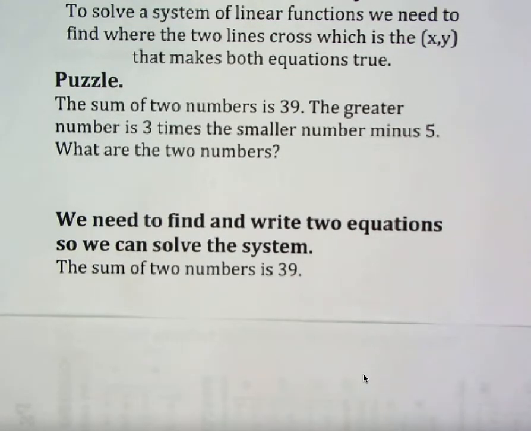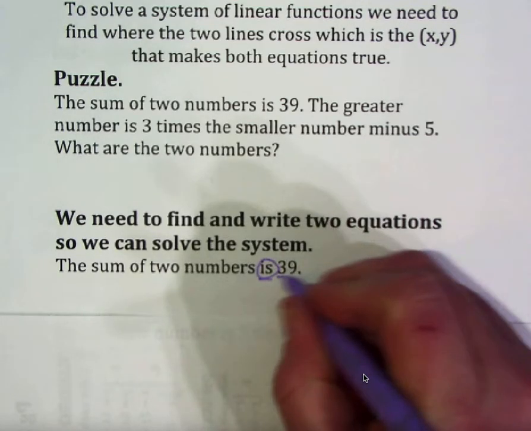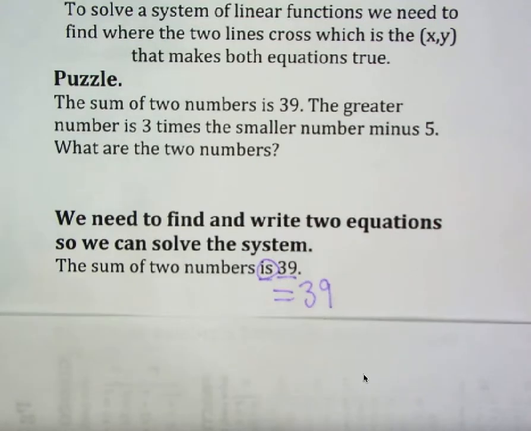And when we think about systems, one way to think about it is, is there a total? Because we're trying to write equations, and often 39 tells you that we've got an equal sign. We want two numbers that equal 39, basically. But we don't know the two numbers. We just know that the sum of them is 39.